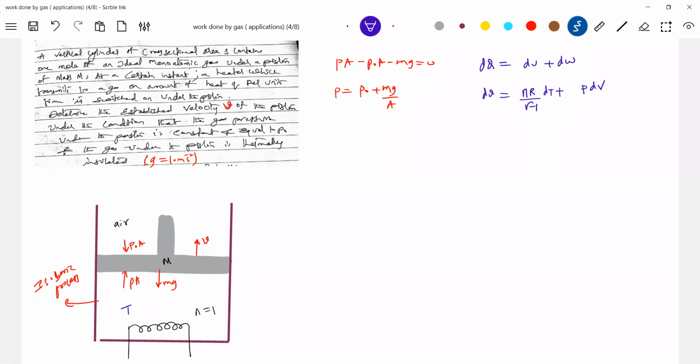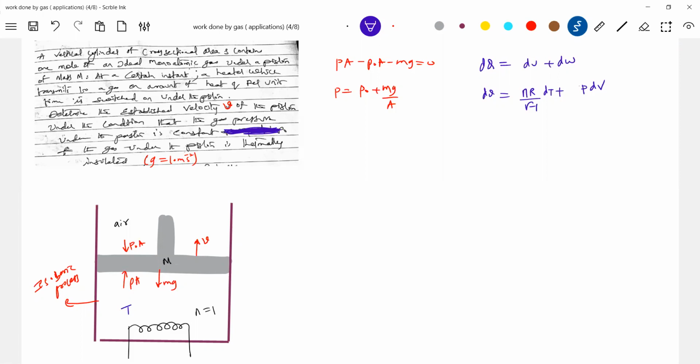Sir, in the question he gave something about the condition that the gas pressure under the piston is constant and equal to P naught, sir. No, no, no. What does it mean, sir? Okay, this is constant, you need not say constant. And the piston is thermally insulated.